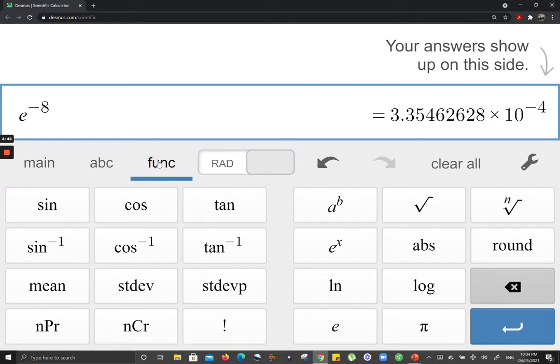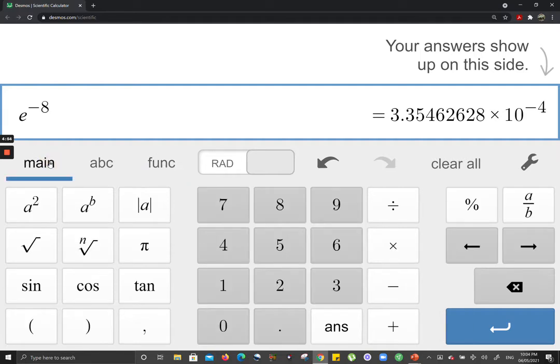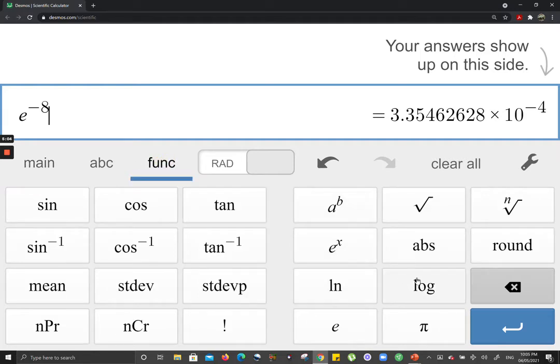There's one more thing. When you click function, Euler's constant formula is here, and the ln is here, and the logarithm is here. By default, when you open the Desmos scientific calculator, it does not show the logarithms, but when you click function, here they are. You also have your exponential and roots functions.